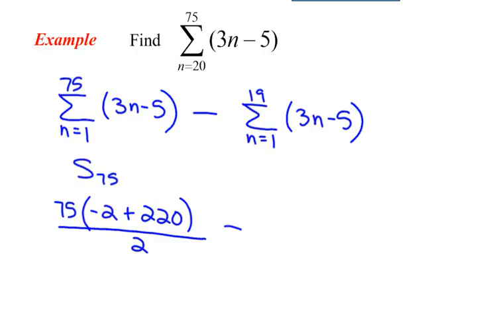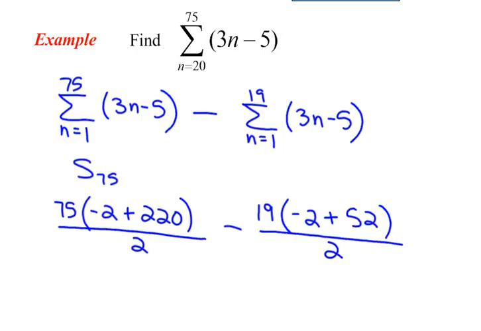Now we're going to use the formula for the sum of the first 19 terms. So now n equals 19. u sub 1 is still negative 2. And u sub 19, we have to plug in 19 for n. We get 52 for the 19th term, and then divide it by 2. I guess I should have written, this is the sum of the first 19 terms.